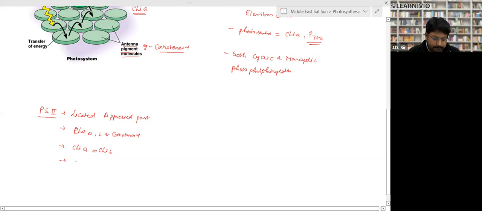It contains a photocenter, the oxygen evolving complex, and LHC second.